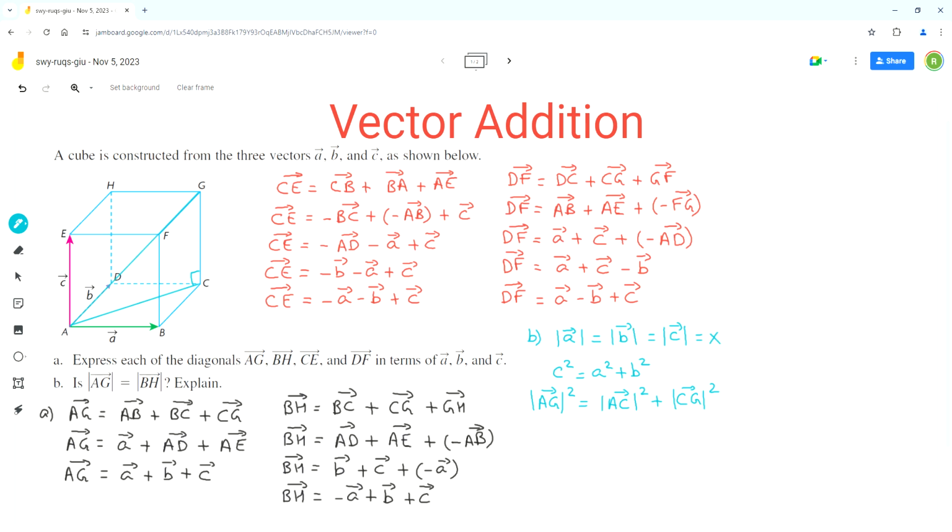So for triangle ABC, so ABC is a right angle triangle. So this is the equation we get for the magnitude of AC square. So we can do the substitution for the square of the magnitude of vector AC in the equation for the magnitude of vector AG.